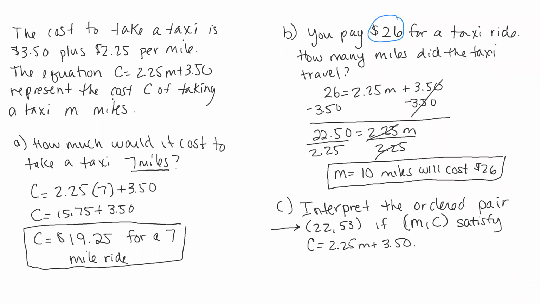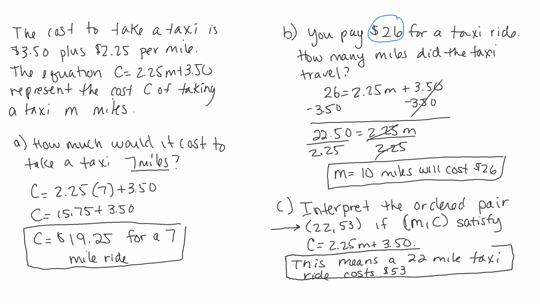What does that mean? So what we would say is this means a 22-mile, so remember the first number is M, is miles. It means a 22-mile taxi ride costs $53. Remember the second value is C, or total cost. And there you have it.